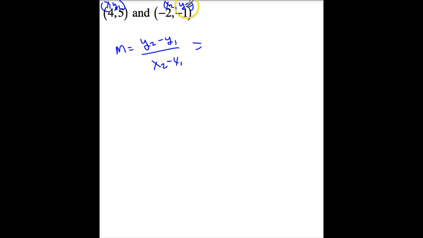All right, so y2 is -1 minus 5 divided by -2 minus 4. So this is -6 divided by -6. Oh, that's convenient. That's 1. So it has a slope of 1.